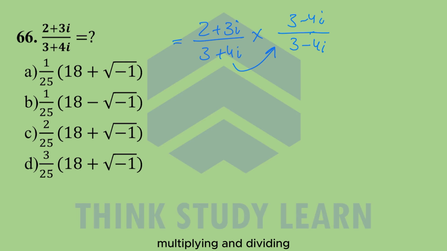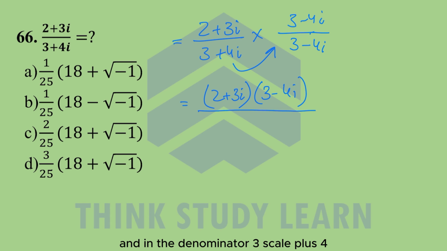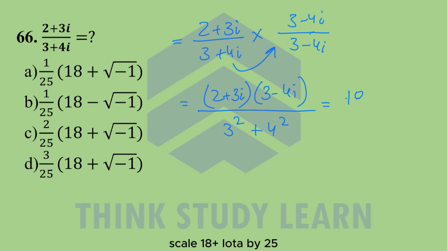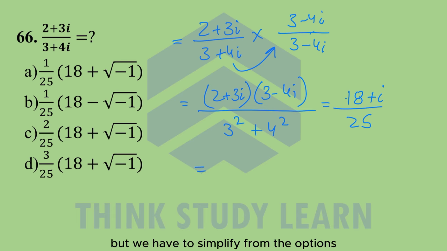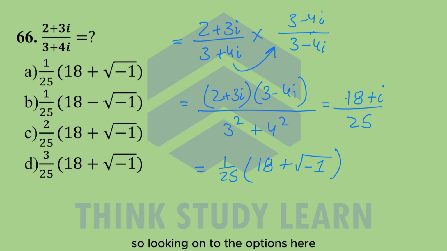Multiplying and dividing, now we will simplify 2 plus 3 iota into 3 minus 4 iota, and in the denominator 3 square plus 4 square, which gives 18 plus iota by 25, but we have to simplify from the options. 1 over 25 will be taken as common, and 18 plus iota can be written with iota as square root of -1. So looking at the options here, A option is the right answer.